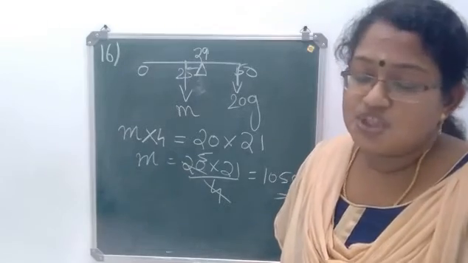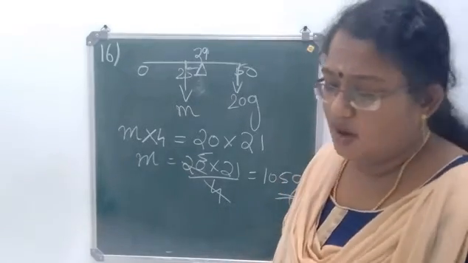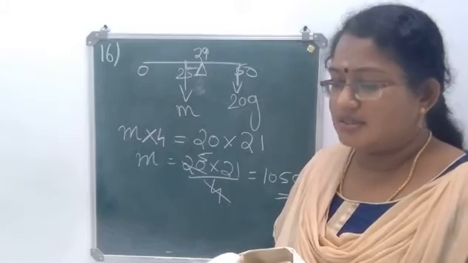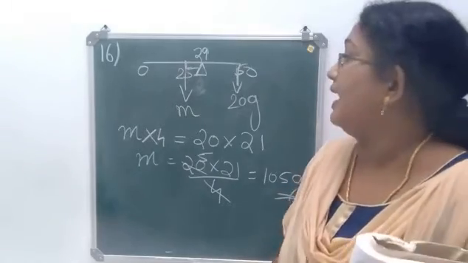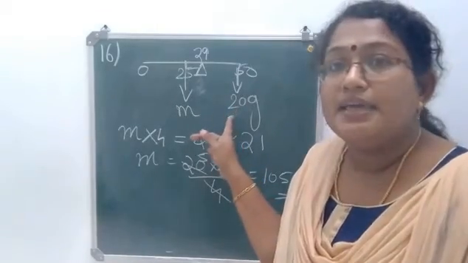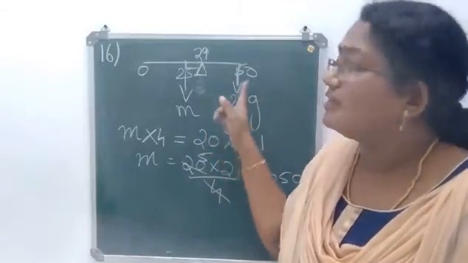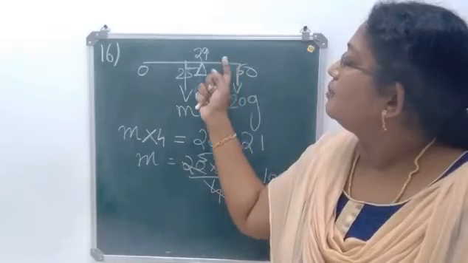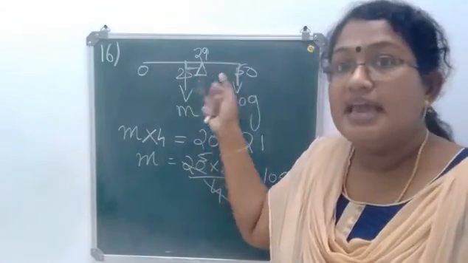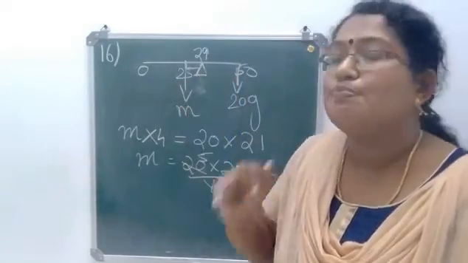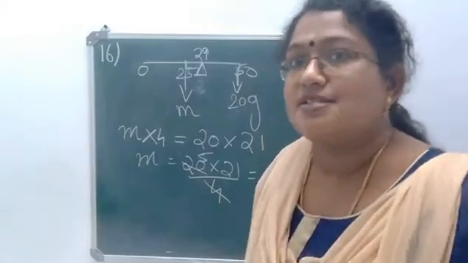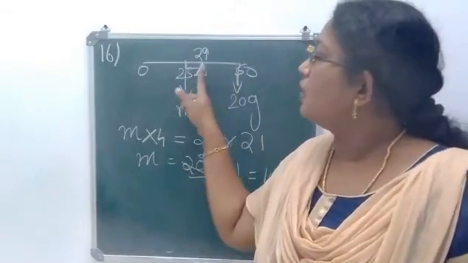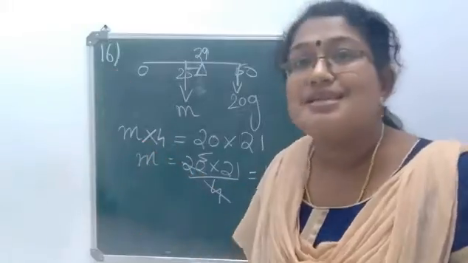Now, in which direction would the balancing point shift if the 20 gram mass is shifted inward from its one end? Now we are keeping the 20 gram at the 50 centimeter marking. If we move this 20 gram inward, in which direction should the pivot move in order to balance the rule? If it is moved this way, the pivot also should move in the same direction.